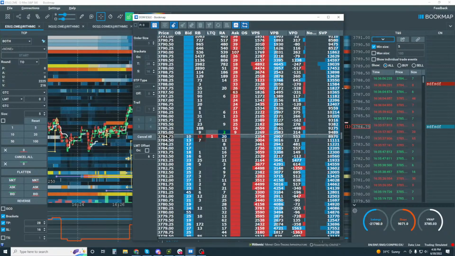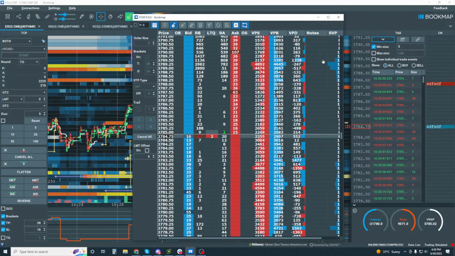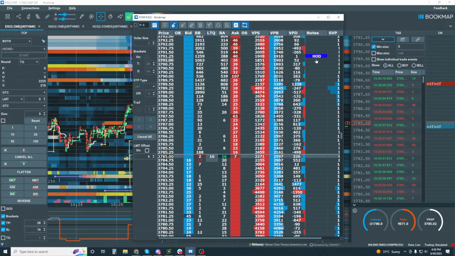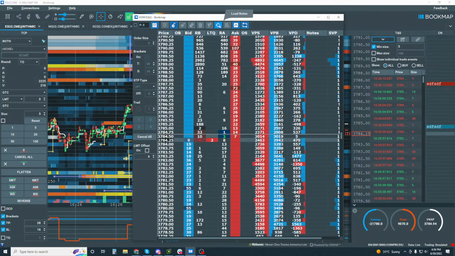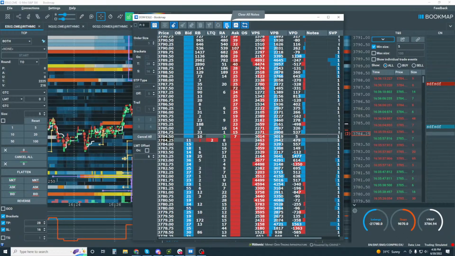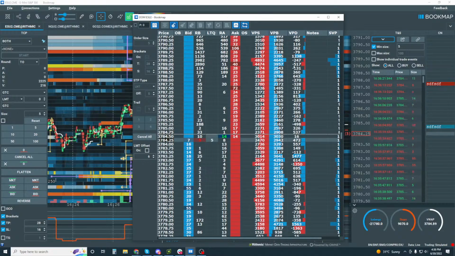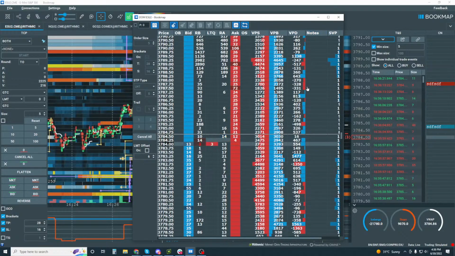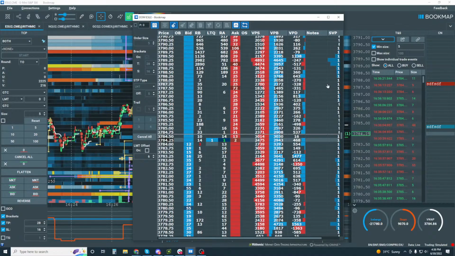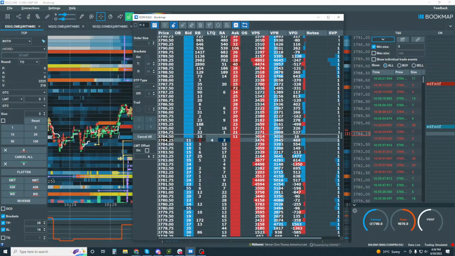I'm sorry, yeah, here. The way that you do that is through this load notes right here. Then you can clear all notes here, etc. All right, great question. And that is new functionality in this DOM version. Okay. All right.